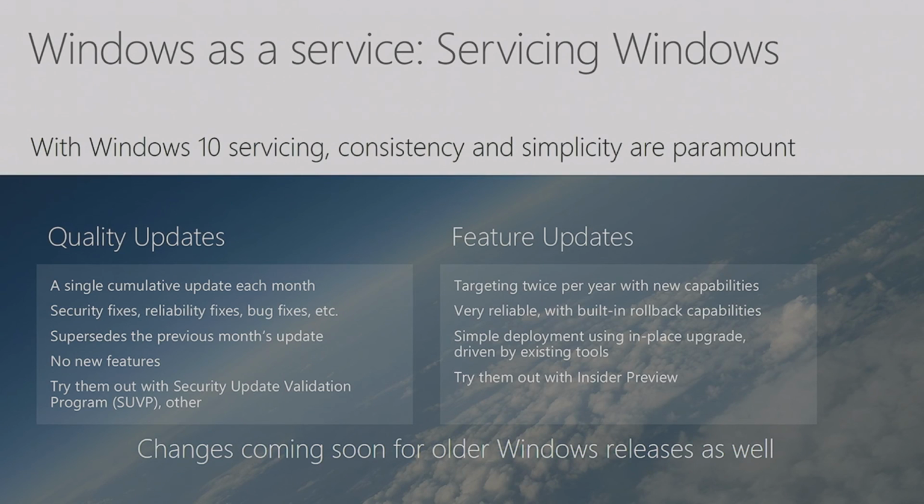Since these updates are all cumulative, every new update that we release always contains all the older fixes. So you only ever need to install one update to get a particular Windows 10 PC up to date, with a few asterisks next to that, because there are some exceptions to that. You'll occasionally see a servicing stack update.